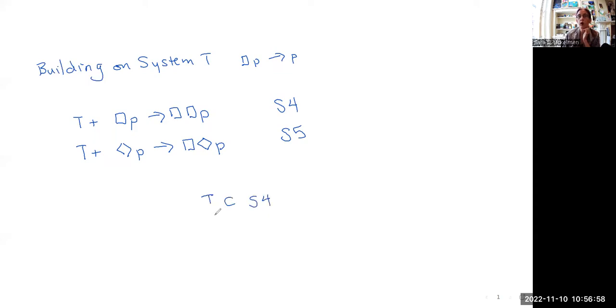S4 contains more theorems than T does because we have added this new axiom, and S5 contains strictly more theorems than S4 does. Now, even though S5 doesn't have this axiom as one of its explicit axioms, we've shown that from this, you can prove that. And that is why everything that you can prove in S4, you can also prove in S5.